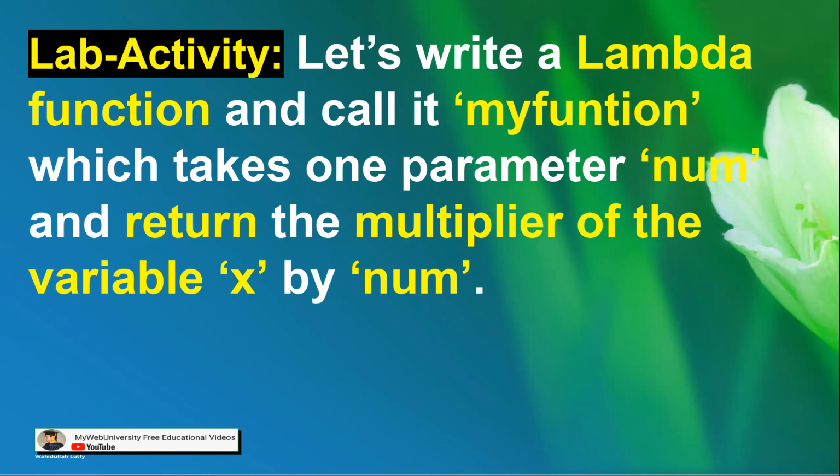I also have a lab activity which I'm going to show you. You are welcome to test the lab activity before watching this video and see if you can write it yourself. But if you can't, I'll show you the lab activity so you can see exactly what I meant by asking you to do this. We are asking you to write a Lambda function, call it my function, which takes only one parameter called num, and then returns the multiplier of num times x.